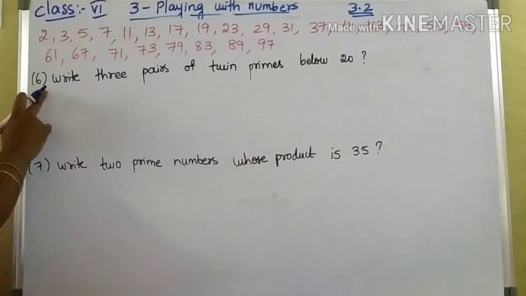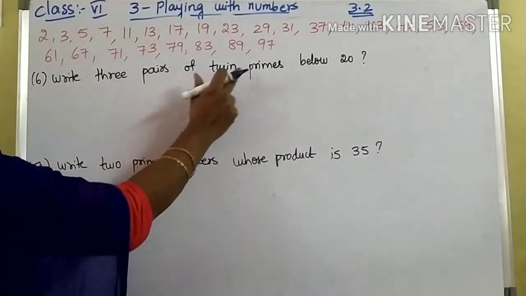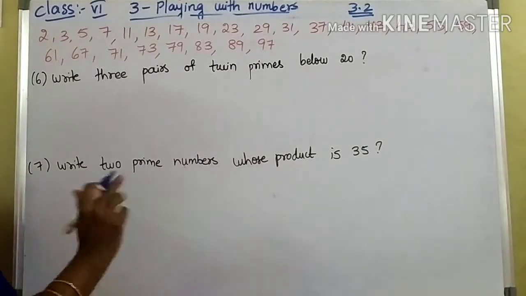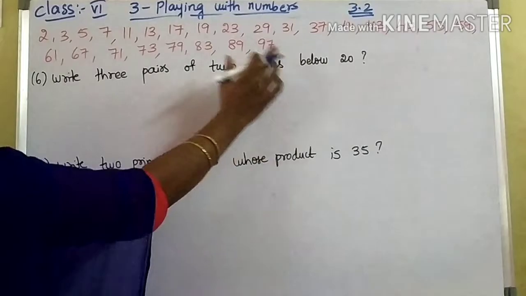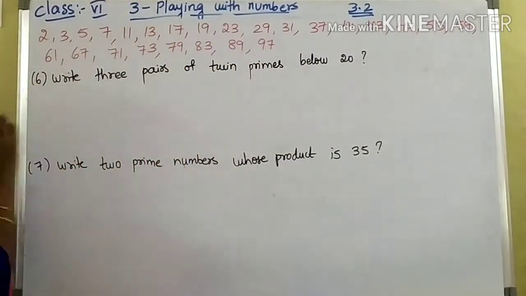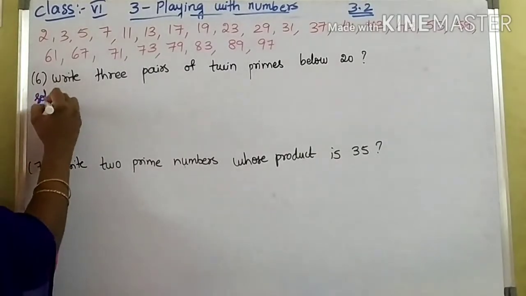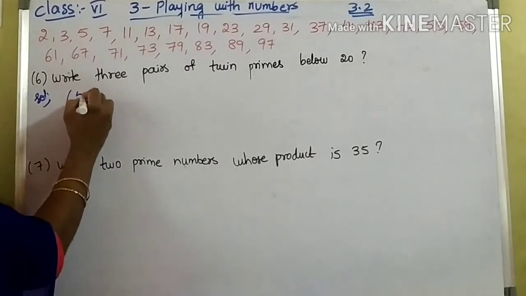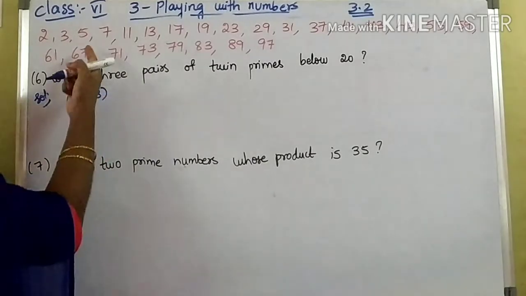Next, sixth one, write 3 pairs of twin primes below 20. What are twin primes? The 2 prime numbers whose difference is 2 are called twin primes. Below 20 means up to 19. So we have to write pairs such that if you do the subtraction of the two, you should get the answer as 2. So here 5 and 3, 5 minus 3 equals 2, that is one pair.